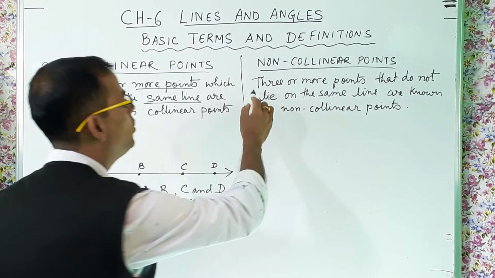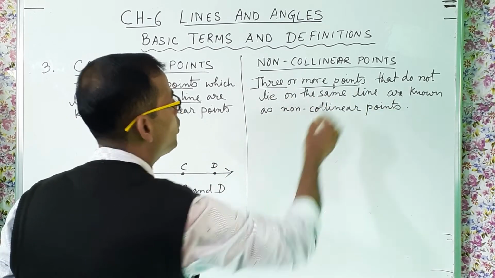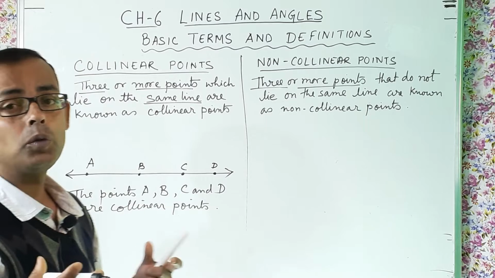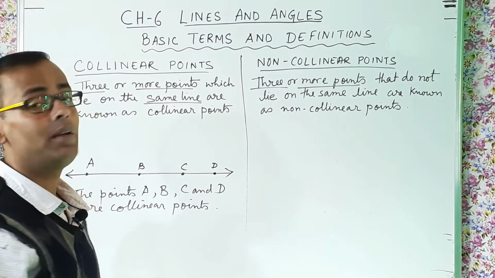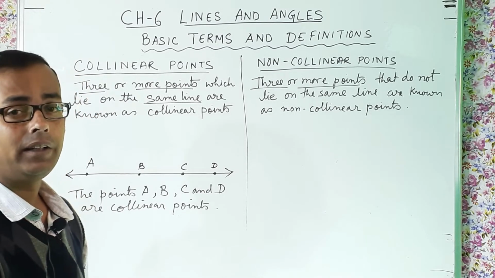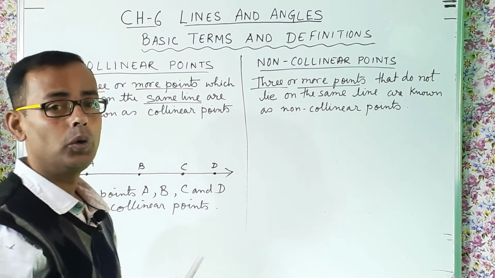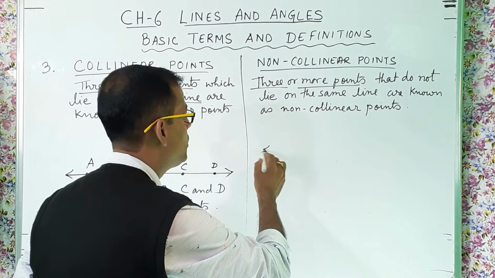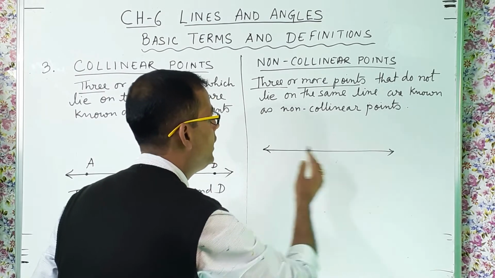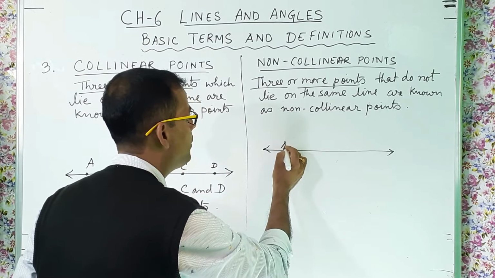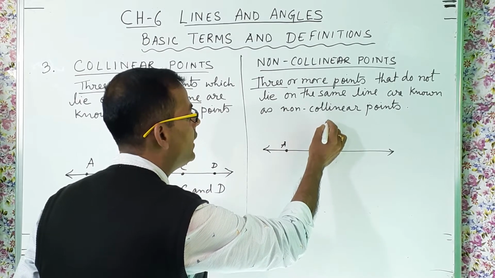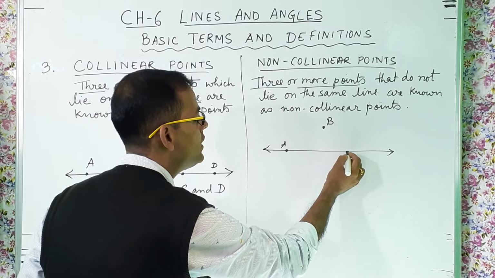And what are non-collinear points? Three or more points that do not lie on the same line, if they don't lie on the same line, they are known as non-collinear points. So let us draw one line, and here this is point A, now B is lying here, and suppose C is here.